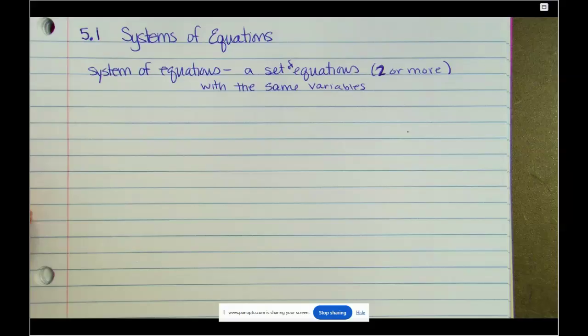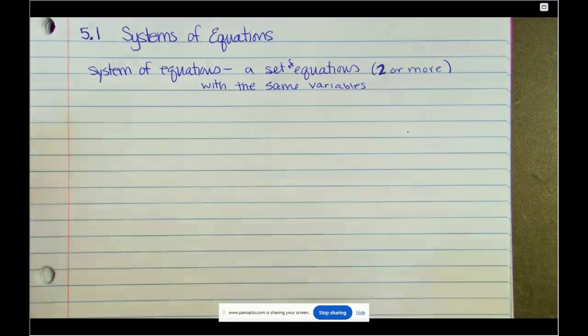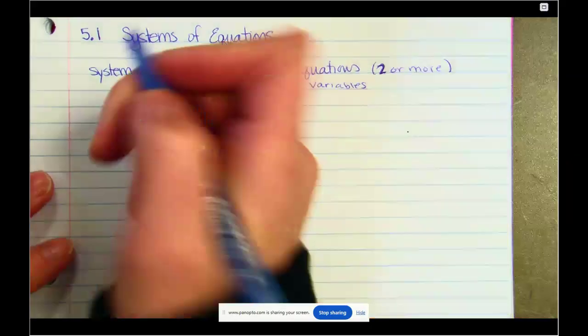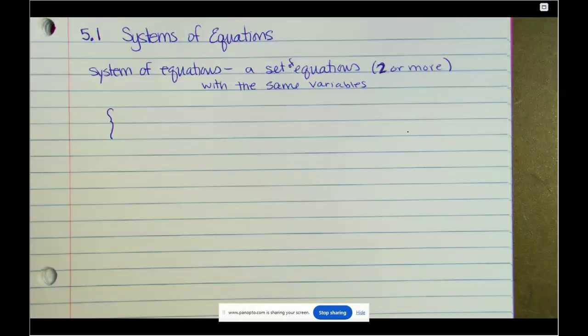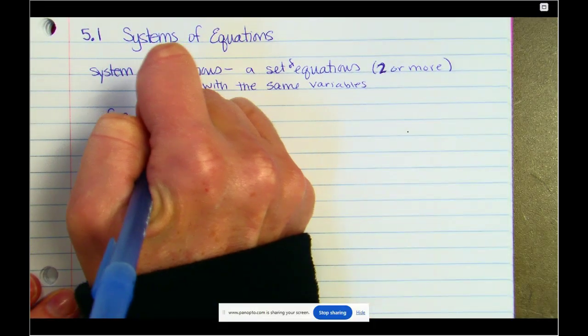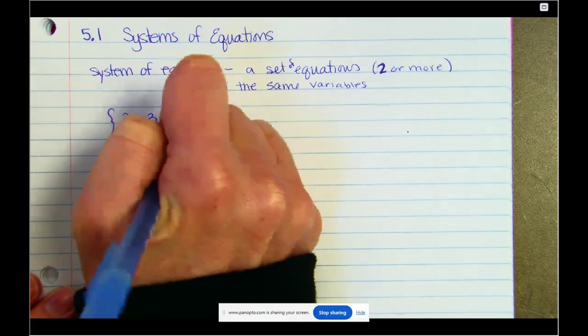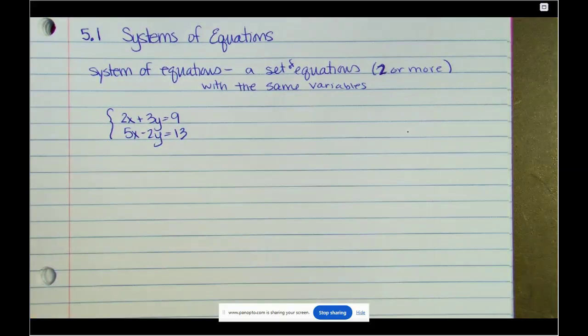Okay, so a system of equations is a set of equations with the same variables. Now, back in the old days, when I did this in high school, here's an example. There's an example of a system of equations. Okay, so I want to explain that.